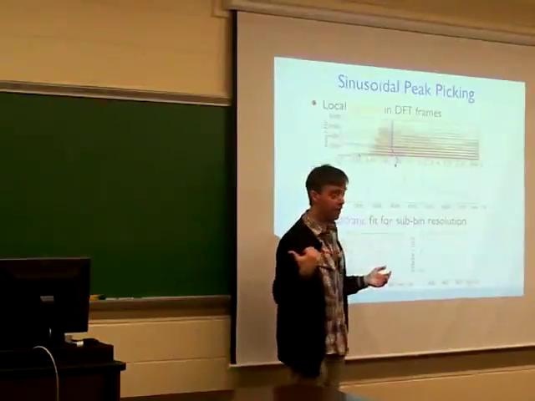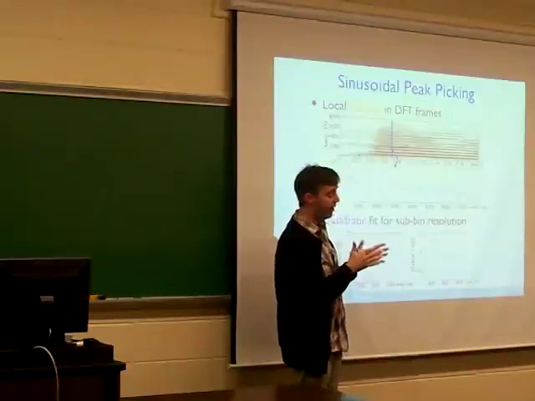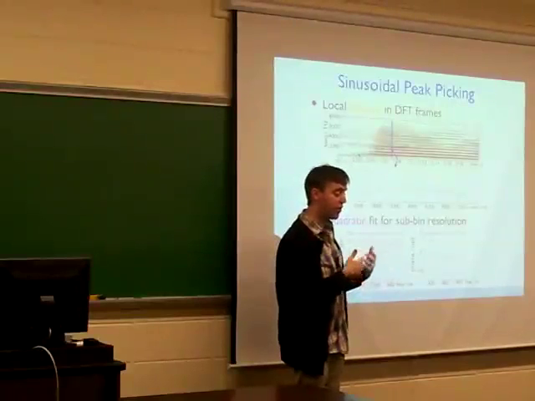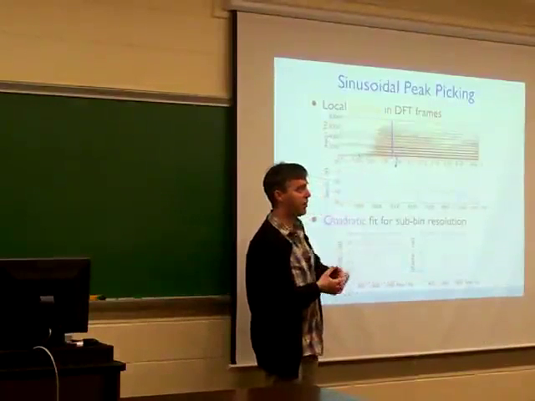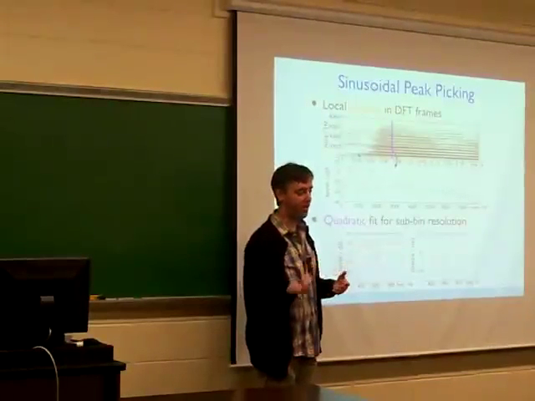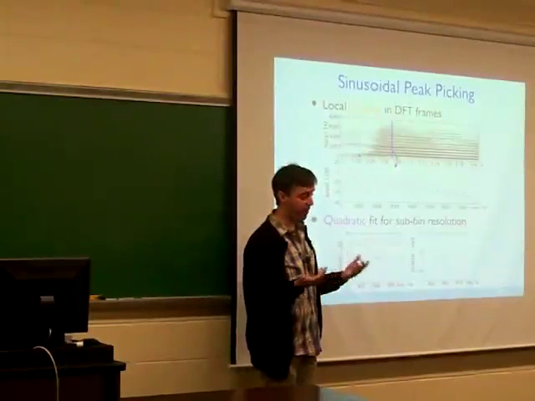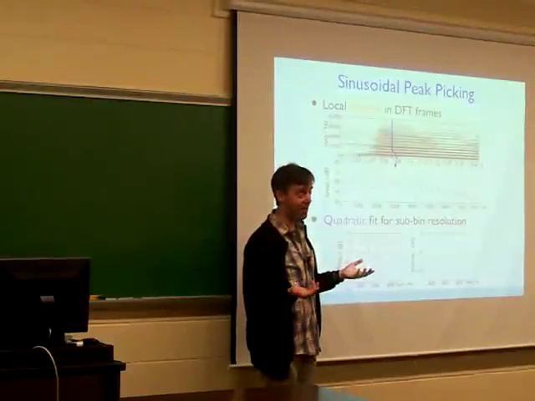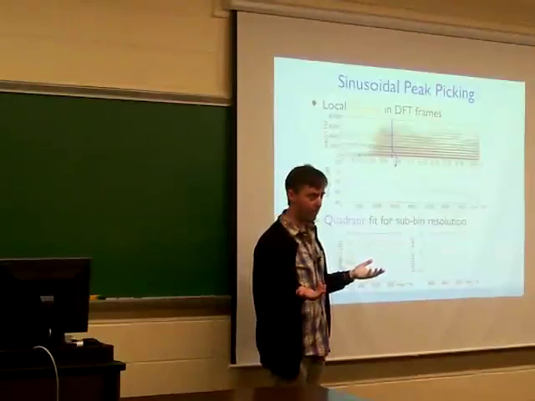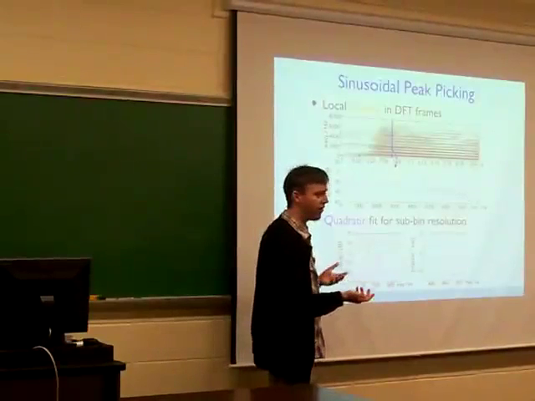As we saw in SPEAR, the bin resolution was something like 20 hertz. But the difference between an A440 and a semitone above it is only like 6%, so it's like 30 hertz, right? 20, 25, something like that.